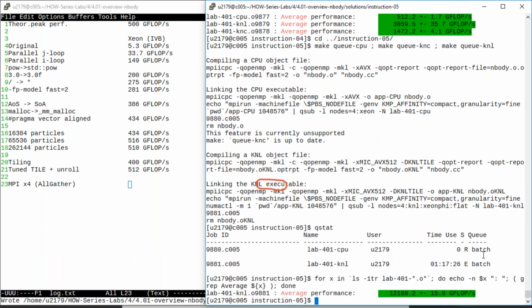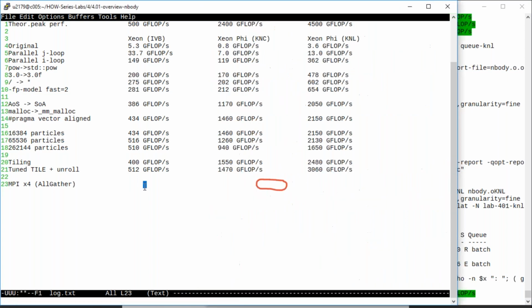So KNL results are ready. 12,180. Close enough to perfect scaling. And on the CPU, it will take a little longer to get the results, but they're coming.